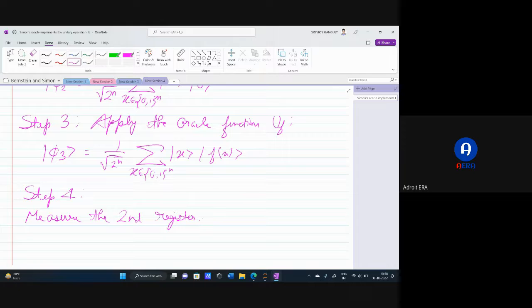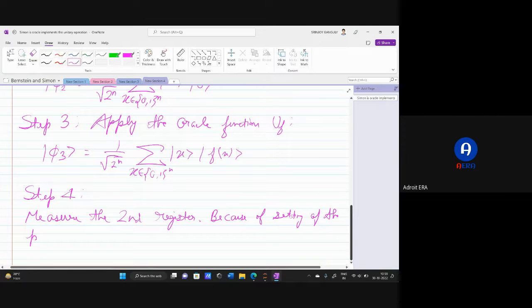Because of the setting of the problem, what is the concept primarily used? If you do not understand this step fully, you do not have to worry.